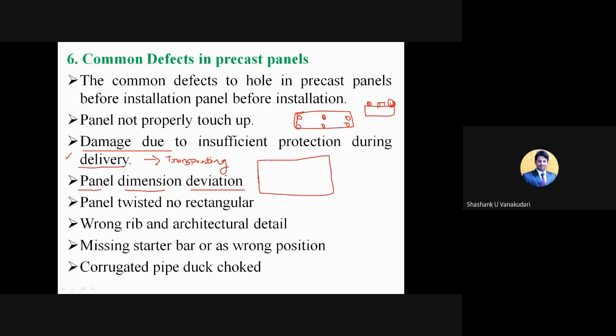You will go with the proper compaction at this part, and the compaction may get reduced at this part, correct? At that time, the weight of the concrete will be more at this portion than this portion. Because here you will go with the proper compaction, so without any honeycombing or gaps, the concrete will fill. And here you will go with the normal compaction, so the material consumption at this part will be reduced.